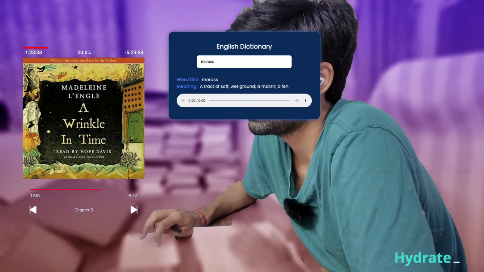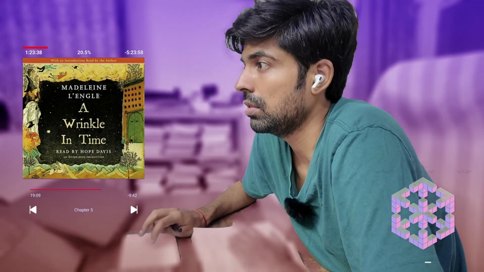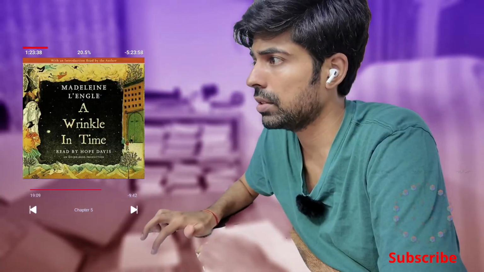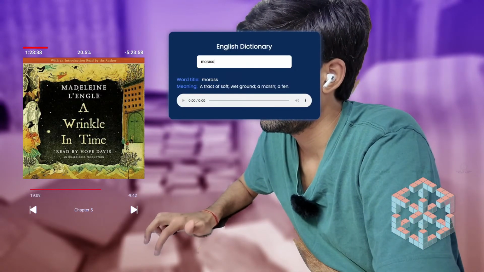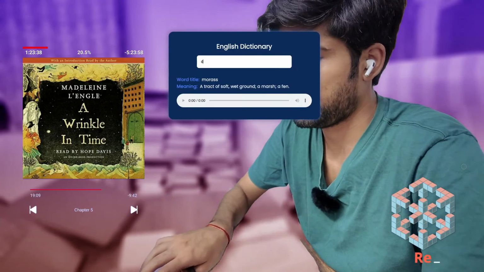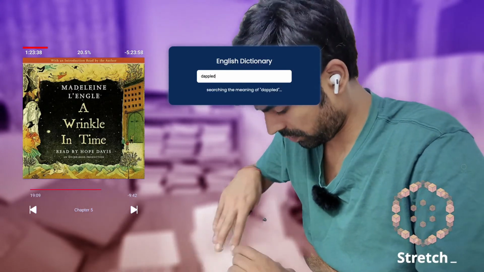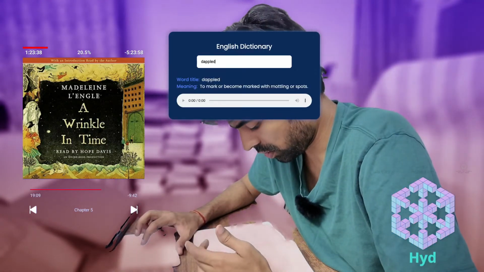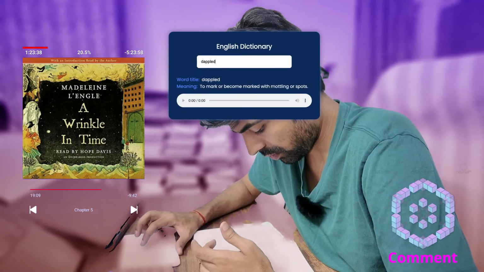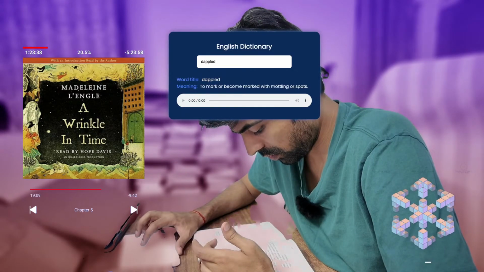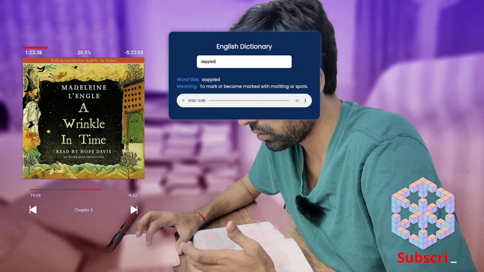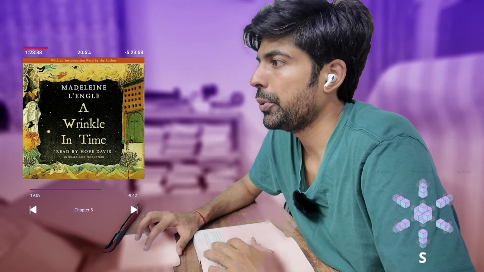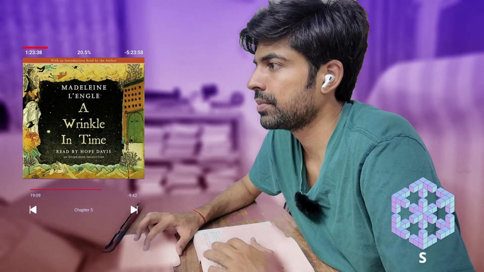And then there was dappled as well, right? Dappled means to mark. Okay. Cool.